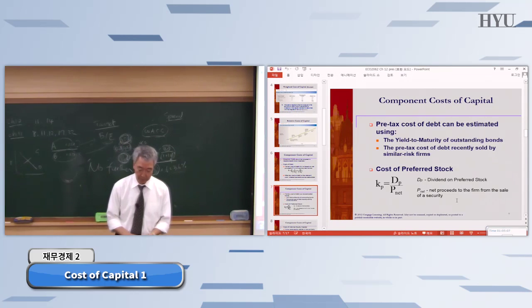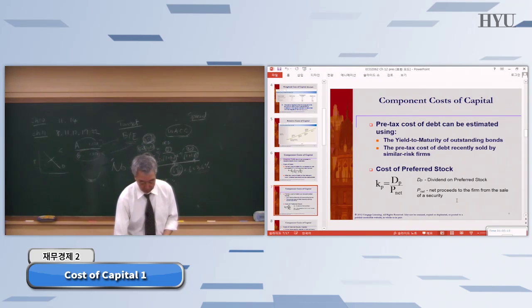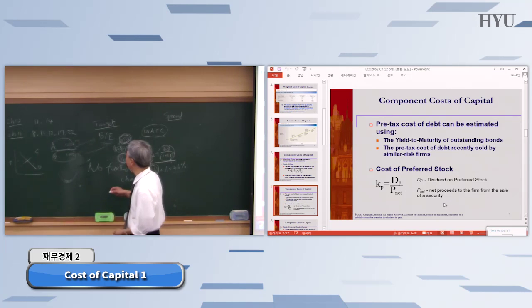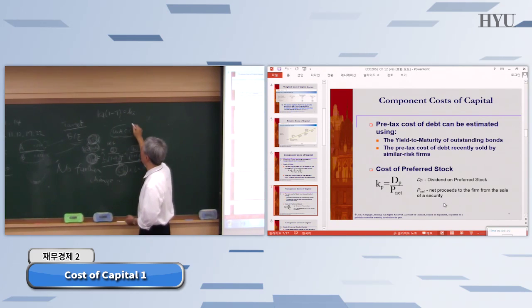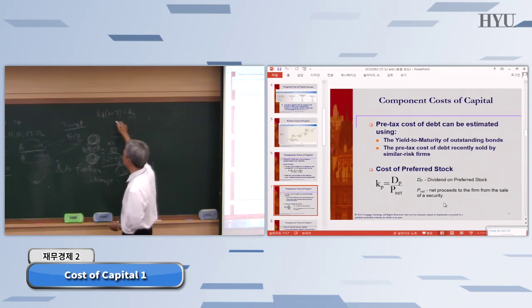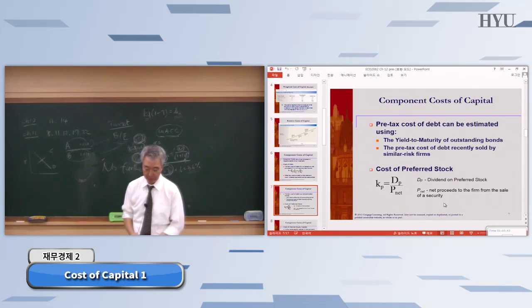Here the pre-tax cost of debt can be estimated using... So pre-tax cost is what we're talking about, KD, right? And if you multiply 1 minus T, I think in our textbook they call it KI. So this is the after-tax cost of debt. This is pre-tax cost of debt, right? That KD can be estimated using the yield to maturity of outstanding bonds.